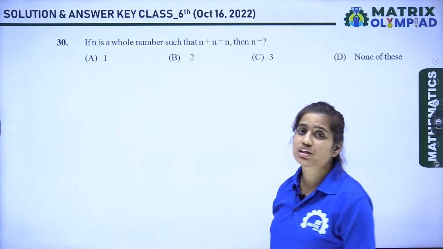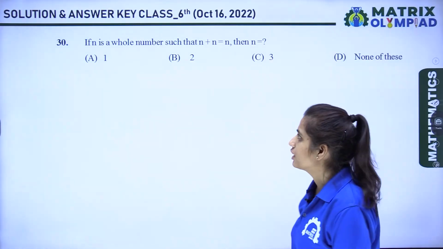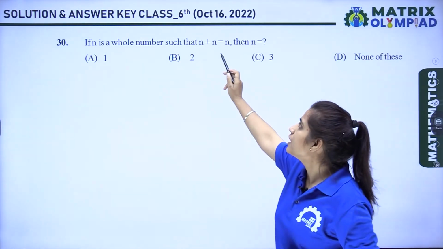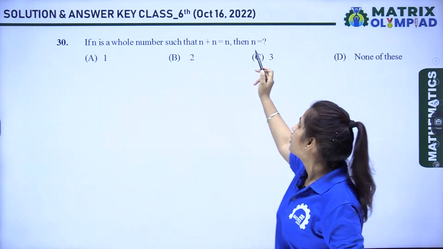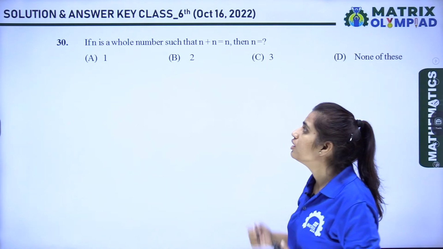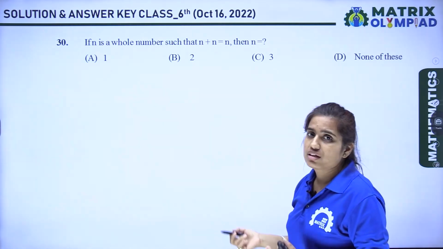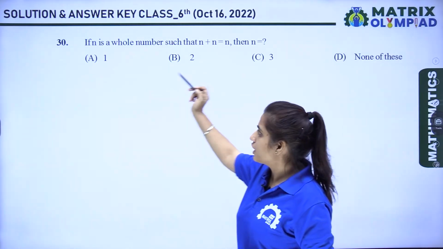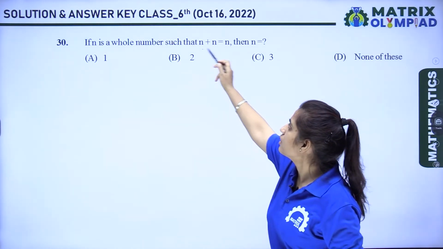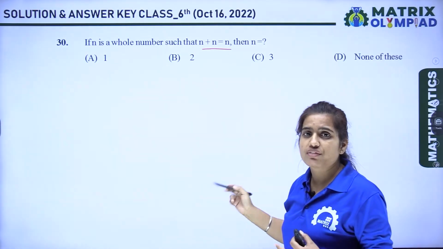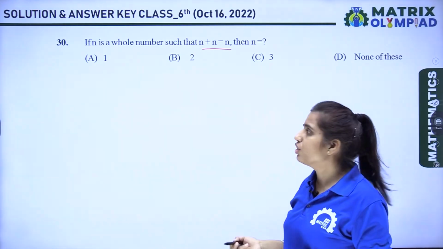Now let's begin with question number 30. If n is a whole number such that n plus n is equal to n, then n is equal to. Now we have to find out n. If we put the value of option A in this equation, let's check whether this satisfies the equation or not.